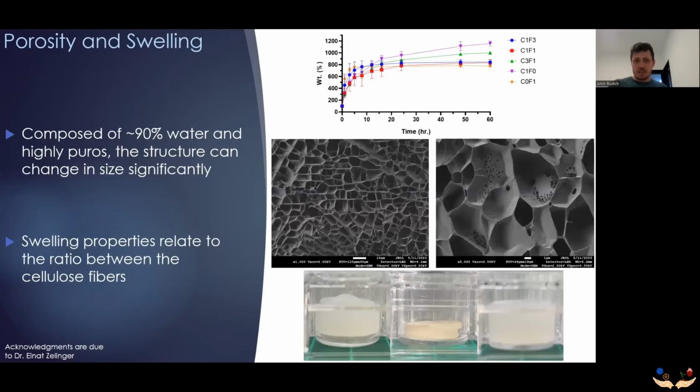Now, as I've said before, this material is actually a hydrogel. So this material is in fact 90% water and just 10% dry material. This material is also highly porous, which again is something very good for cells to really attach and penetrate onto. But we're also able to see that we can actually dehydrate the samples and then rehydrate them again without losing any mechanical performance.